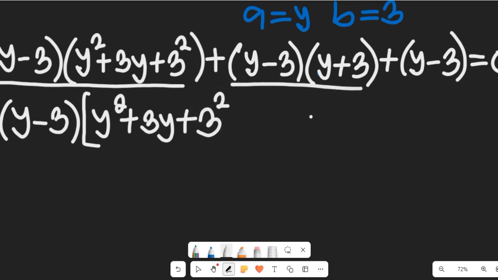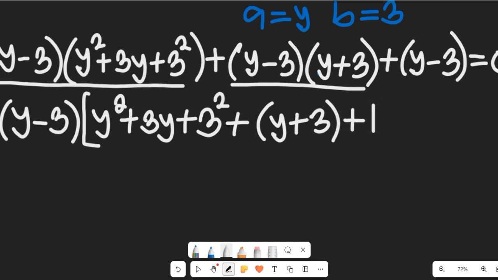Now all of these divided by y minus 3, I'll be left with plus y plus 3, right? And all of these divided by y minus 3, I'll be left with 1. And all of these will be equal to 0.